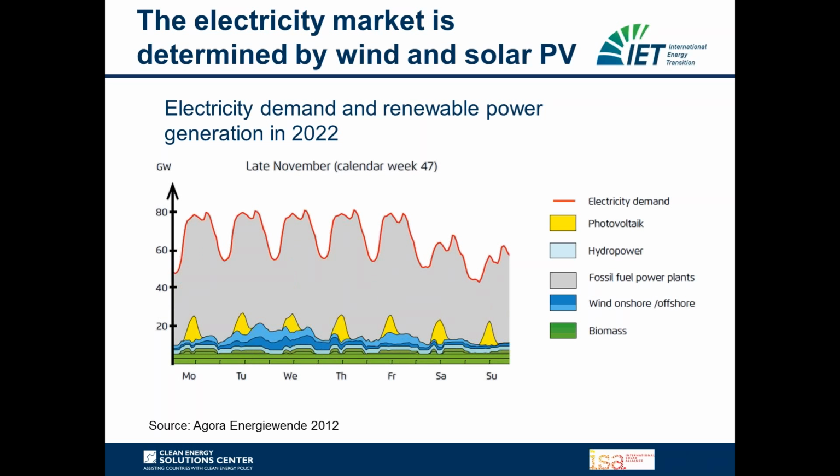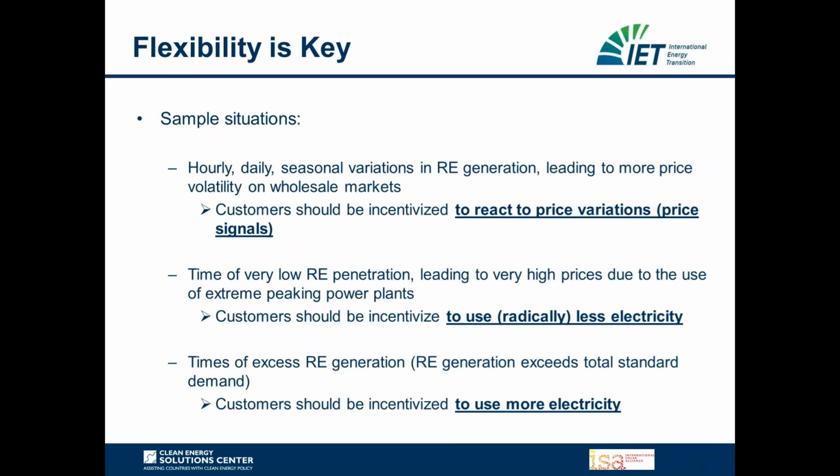And here another slide in November, you see that there will also be periods in the system where there's relatively little electricity supplied by wind and solar. This is on the one hand where conventional power plants will have to step in, but a lot of the variations can also be covered by more flexibility on the demand side.